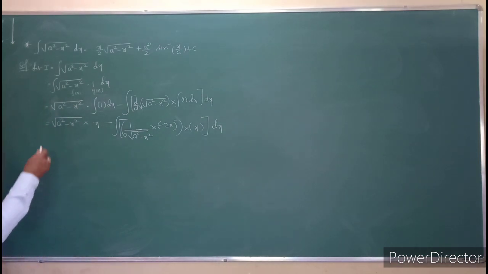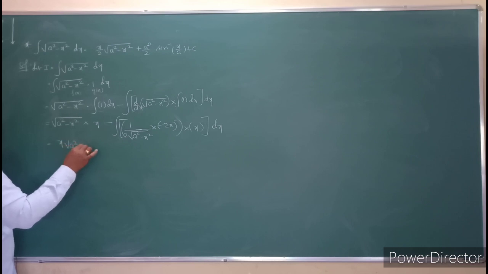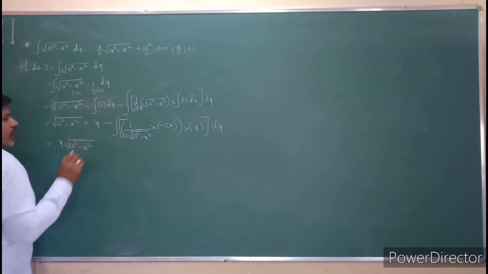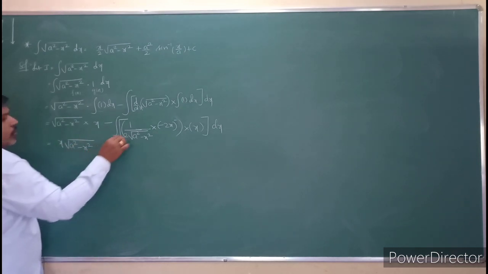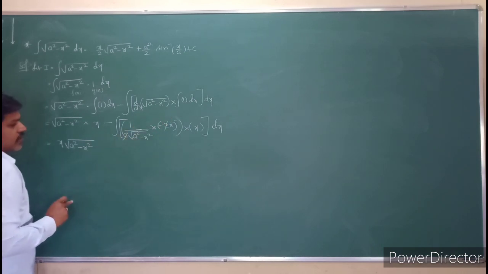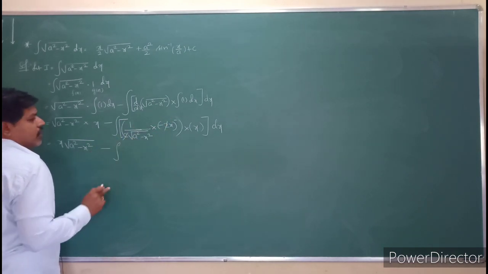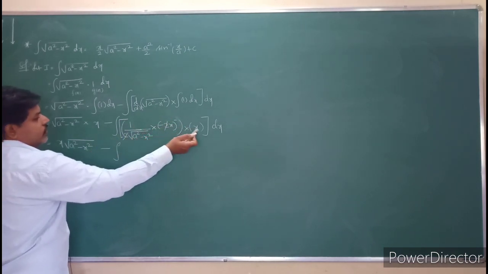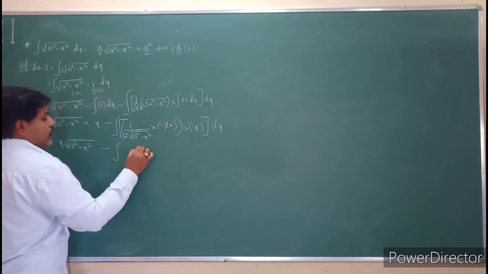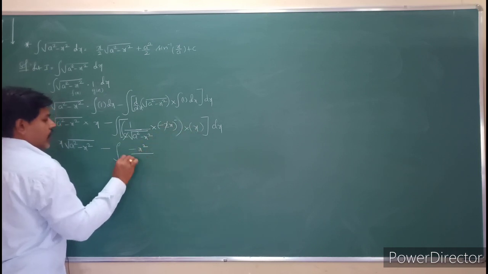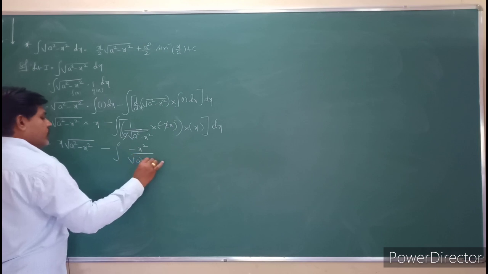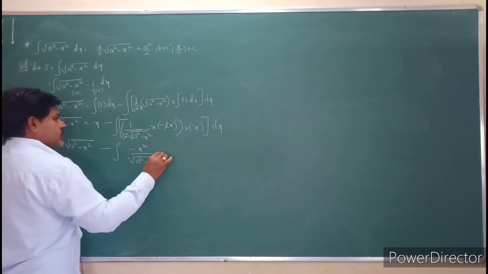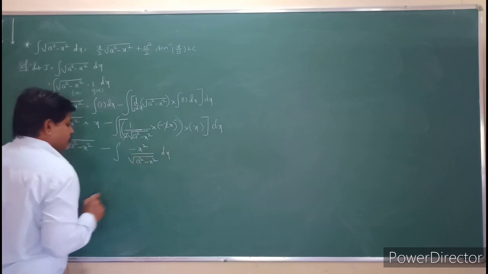So that implies I is equal to x into root of a square minus x square, the 2 will be cancelled, minus integral of x into x, minus x into x is minus x square, by root of a square minus x square into dx.